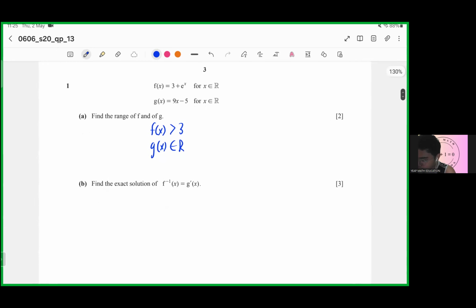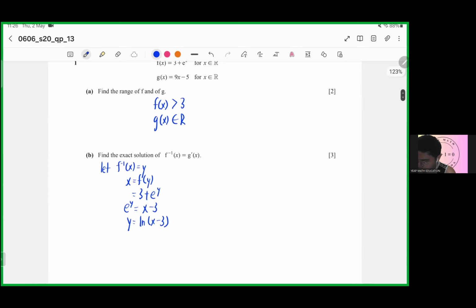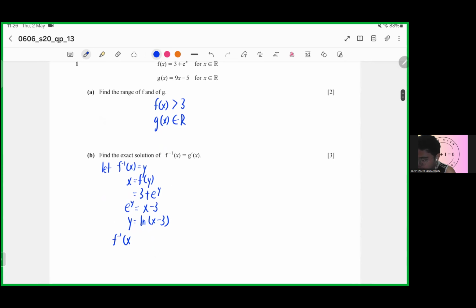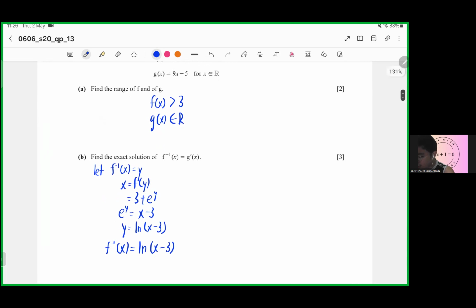So I let the inverse equal to y, so x equals f(y), 3 plus e^y. This inverse function is equal to ln(x minus 3). Then we look at g(x) equals 9.